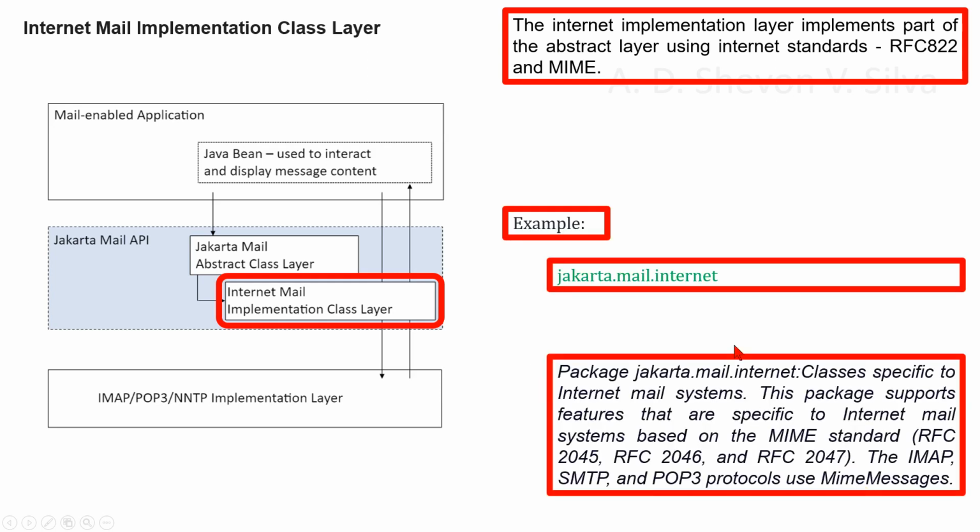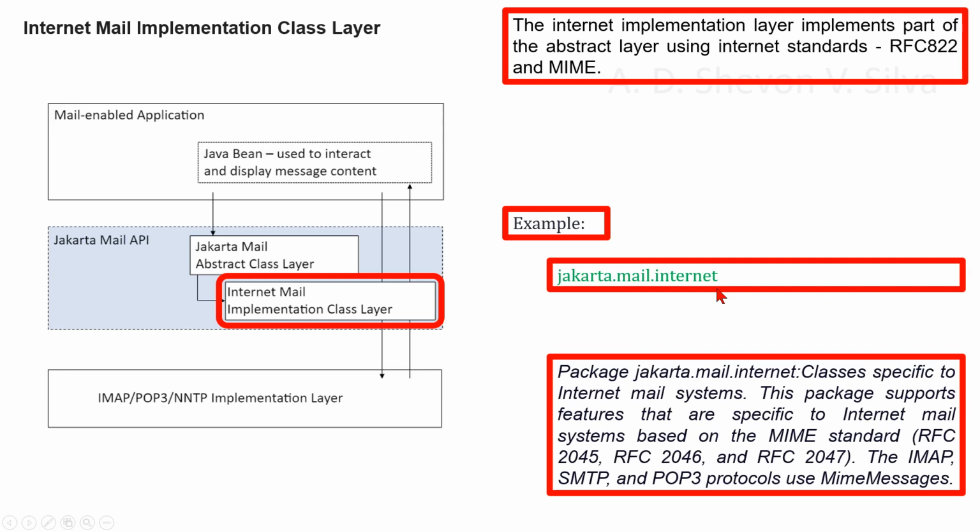As an example, we can consider this package, Jakarta.mail.internet. Classes specific to internet mail systems. This package supports features that are specific to internet mail systems based on the MIME standard, RFC 2045, RFC 2046, and RFC 2047.